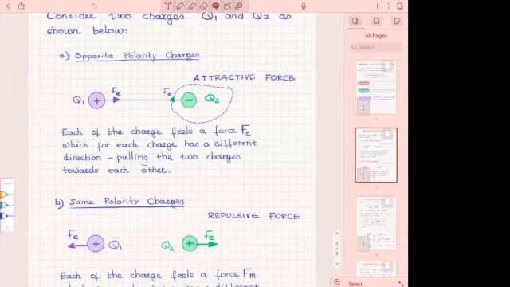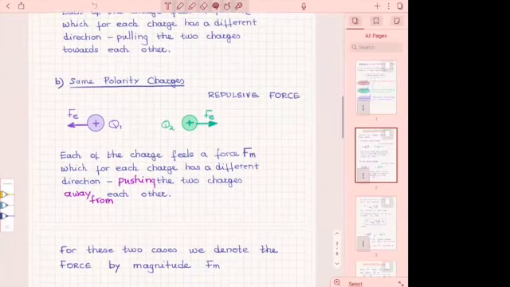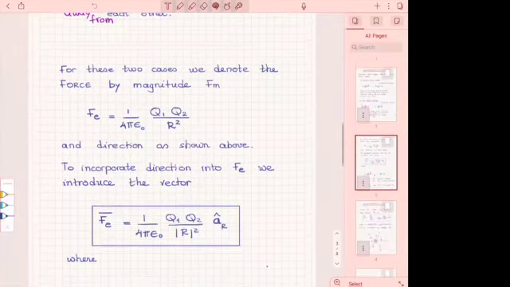Now, keep your original positive charge here, but in its vicinity, bring another positive charge. So what happens? The two charges feel a force pushing them away. And if they were free to move, that's what would happen. Obviously.